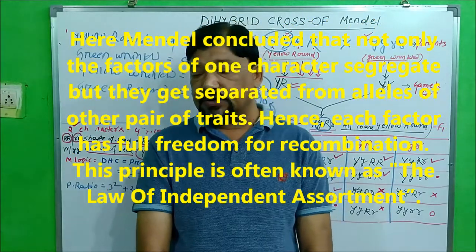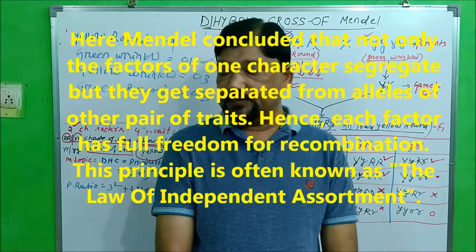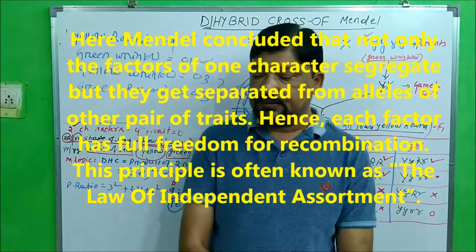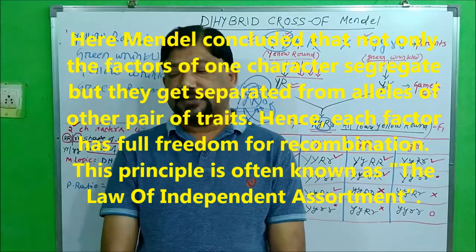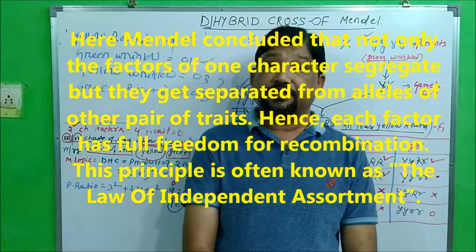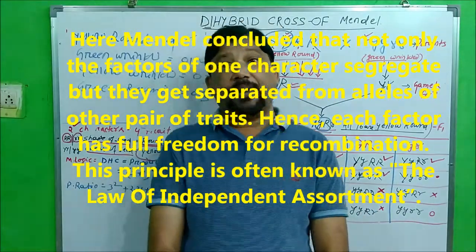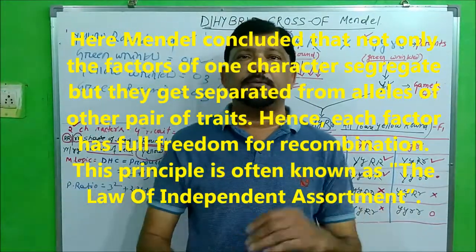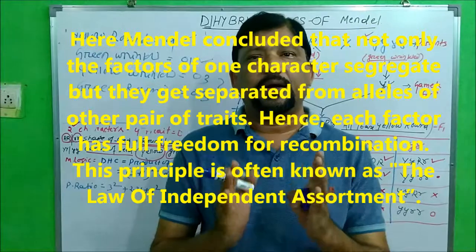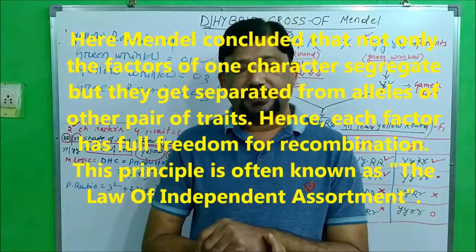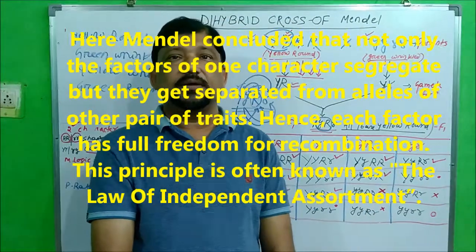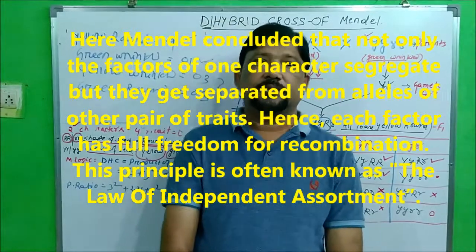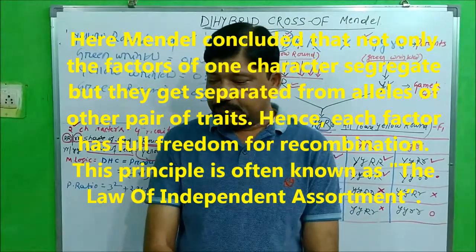Here Mendel concluded that not only do the factors of one character segregate, but they also separate from the factors of the other pair. Hence, each factor has full freedom to combine with any one of the factors, which is also called the law of independent assortment.